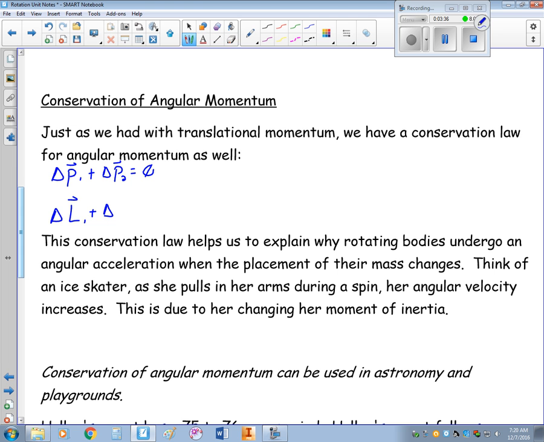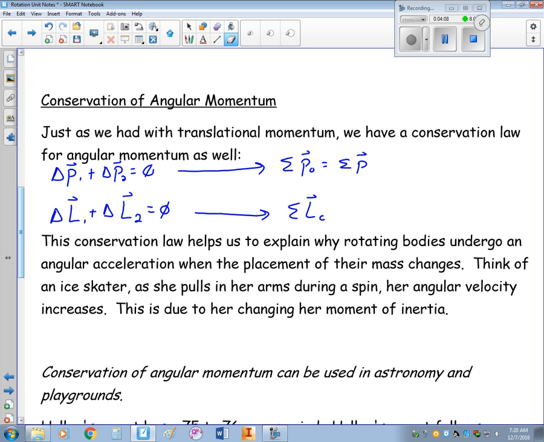Now this change in momentum for 1, change in momentum for 2, related to the fact that the sum of all initial momentum had to equal the sum of all final momentum. So if I had two objects, object 1 and object 2, likewise, I can get the same thing.